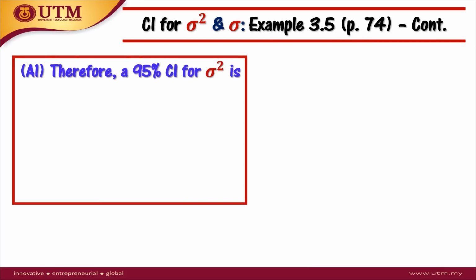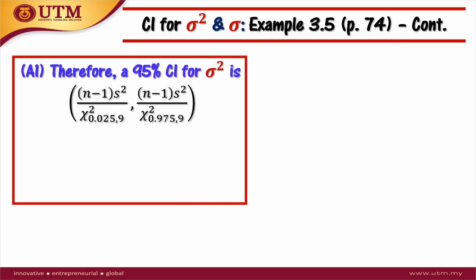A 95% confidence interval for the true population variance of response time is n-1 s squared divided by chi-squared 0.025,9 and n-1 s squared divided by chi-squared 0.975,9.